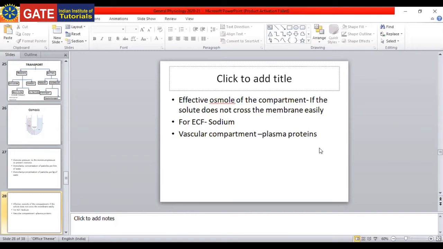Okay, see, very simple. You have to remember where the exchange takes place in the vessel. We have the large vessels and then we have the capillaries, where there is exchange of all the nutrients. At the capillary level, we call it the arterial end and the venous end. Correct?